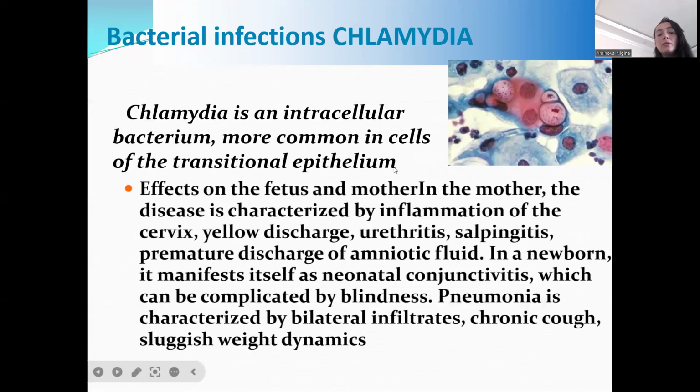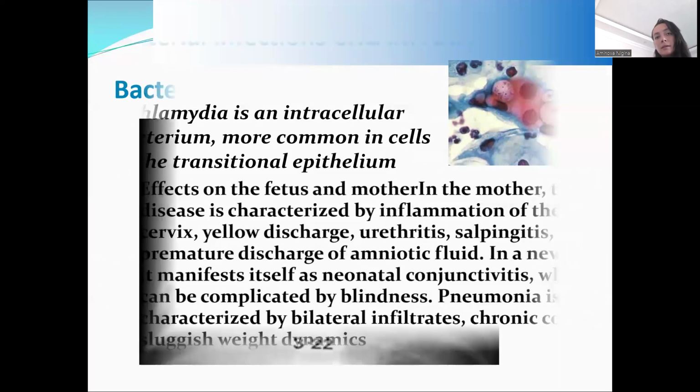Chlamydia is an intracellular bacterium, more common in cells of the transitional epithelium. So this affects the fetus and mother. In a newborn, it manifests itself as neonatal conjunctivitis, remember, which can be complicated by blindness. And pneumonia is characterized by bilateral infiltrates, chronic cough, sluggish weight dynamics.